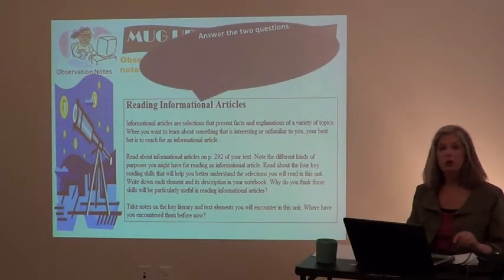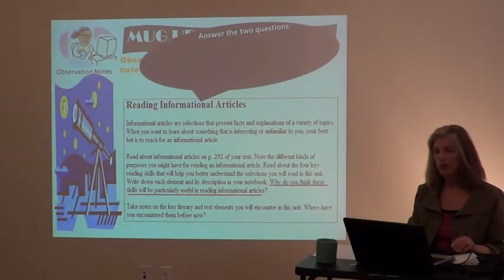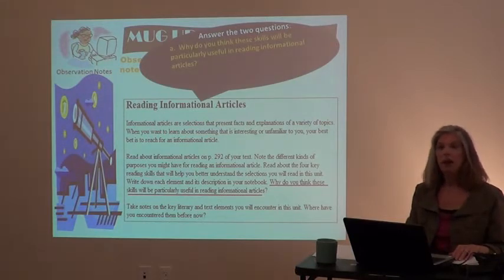Now, I also noticed that there are 2 questions in this lesson. Take a look at that second paragraph, down towards the bottom. Why do you think these skills will be particularly useful in reading informational text? There's your first question. Now I see another one in the last paragraph. Where have you encountered them before now? There's your second question.